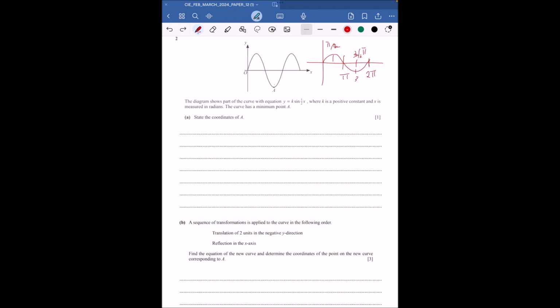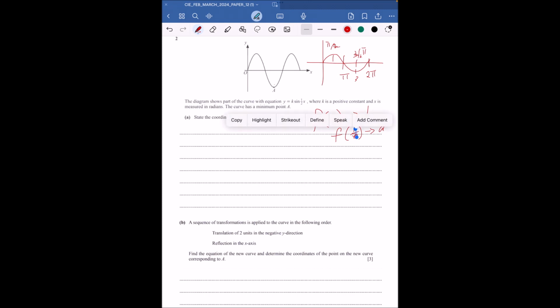If you remember from your transformation, if you have f of ax, you're translating by 1 over a, and if you have f of 1 by a x, you're multiplying by a. So you should remember this technique.